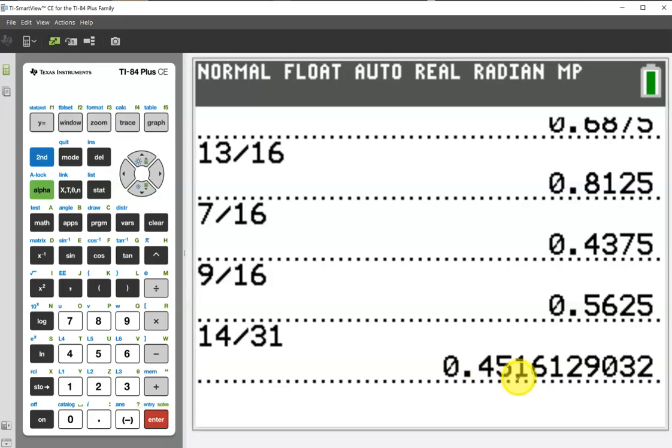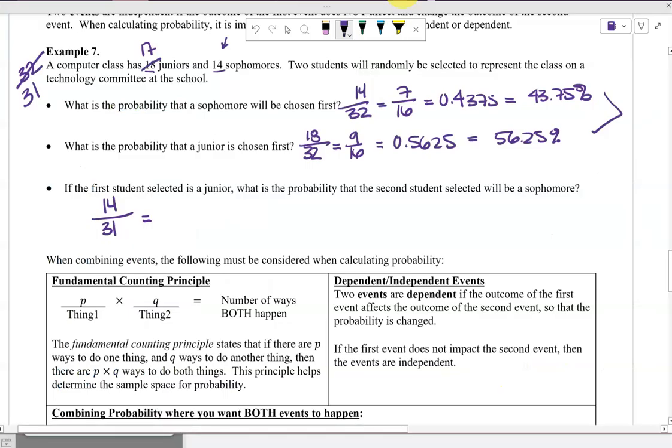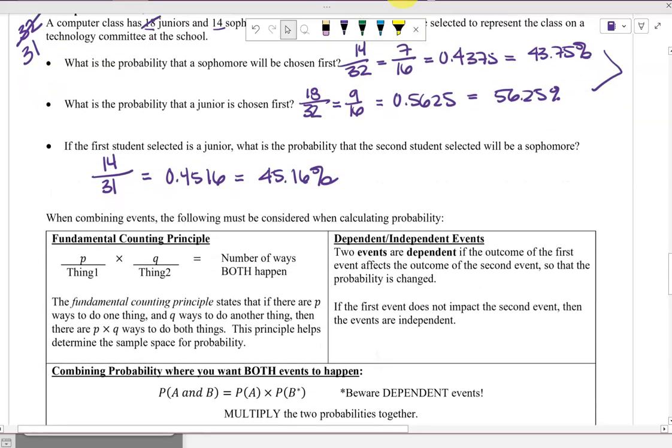And we'll round it to 4 decimal places, so 0.4516. Which then if we write it as a percent, 45.16% on that one.